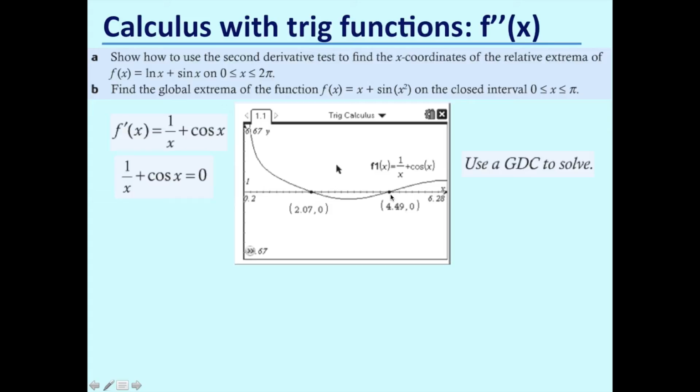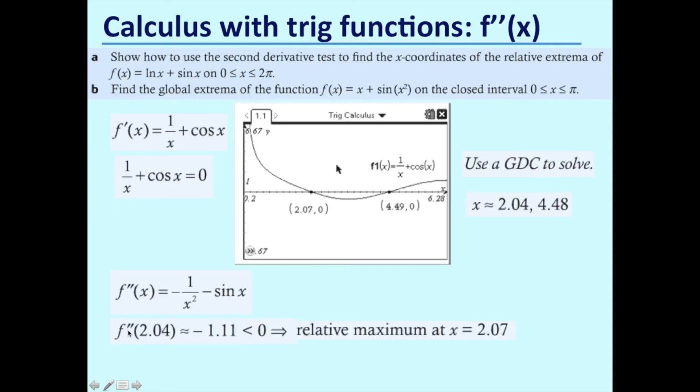So once we've got those values, we can then establish the relative extrema by substituting into the second derivative. So first of all, we need to find the second derivative. So if we take the derivative of this, we end up with negative 1 over x squared minus sine 2x.